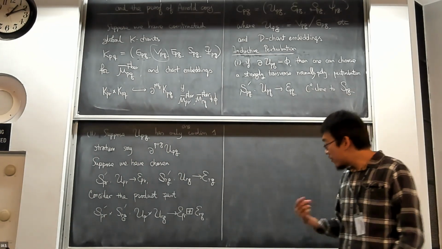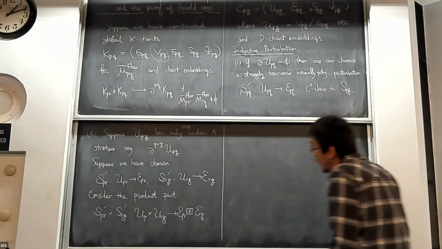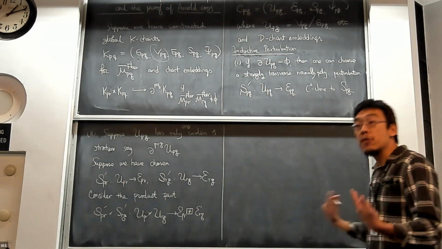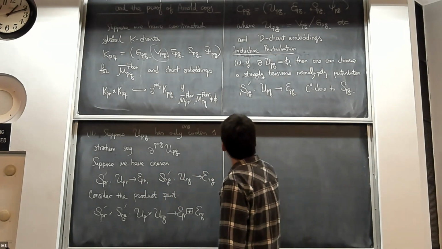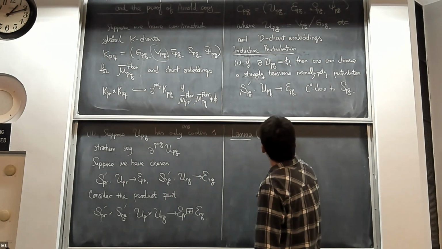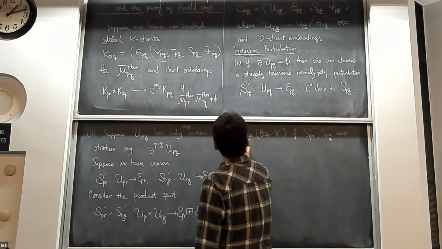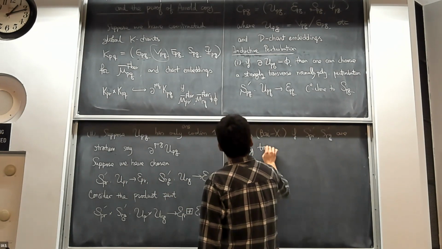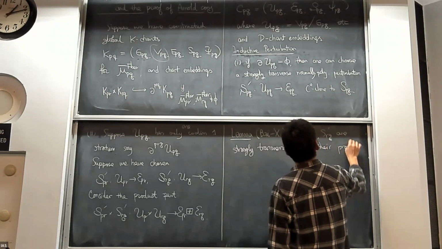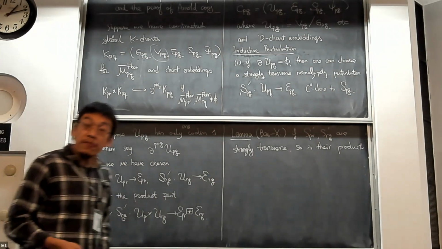One important and very basic thing to continue this induction step is that if S_PR prime and S_RQ prime are both strongly transverse, then the product is also strongly transverse. This is not so obvious.